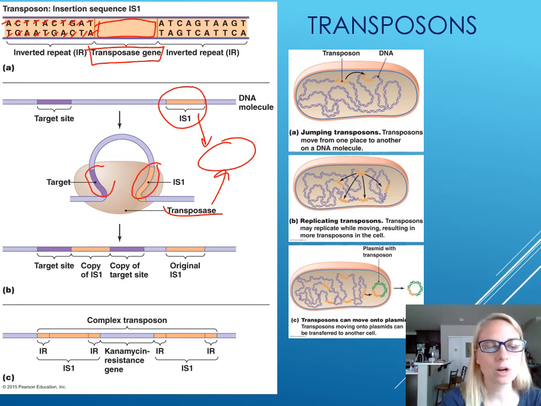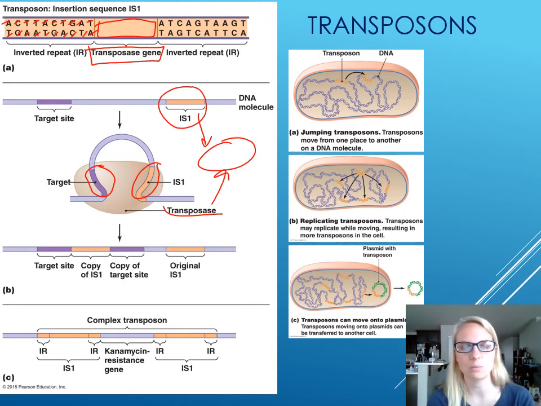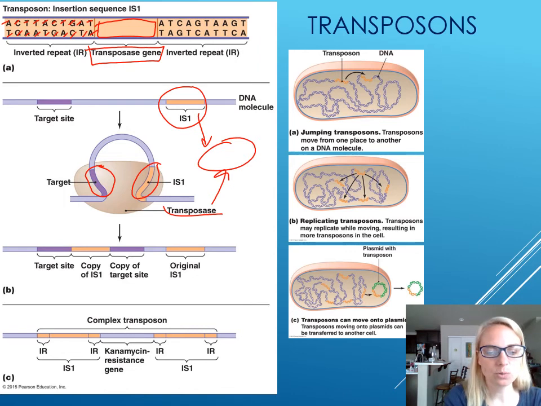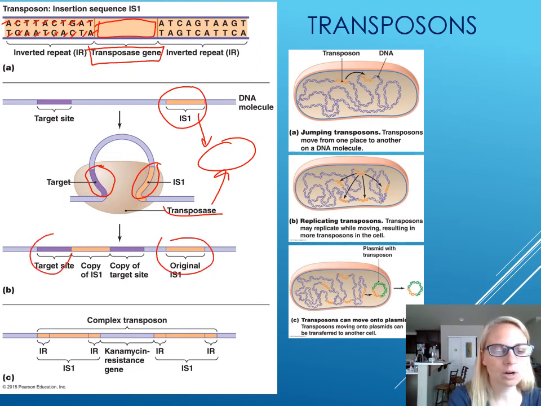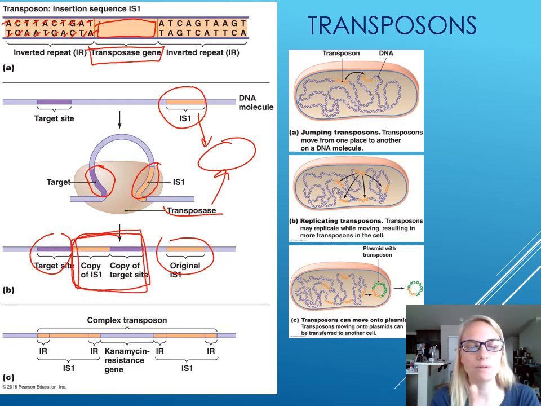It finds the target sequence just somewhere else on the chromosome. It physically brings those two pieces together. It makes a copy of itself. It makes a copy of the target and inserts it right next to the target. So here's what we started with. Here's our target. And this is the product of transposase activity: it makes a copy of itself, it makes a copy of the target, and inserts it right next to the target.